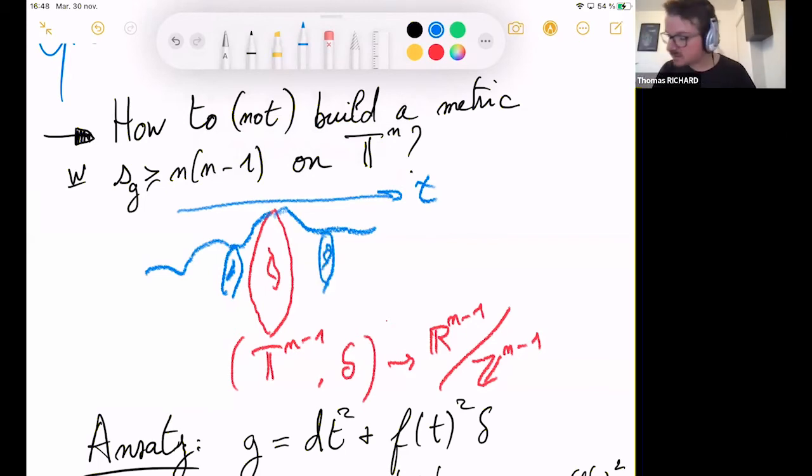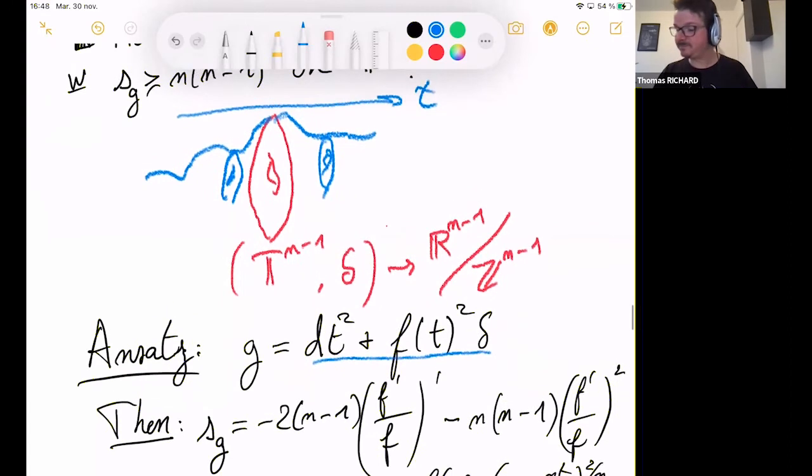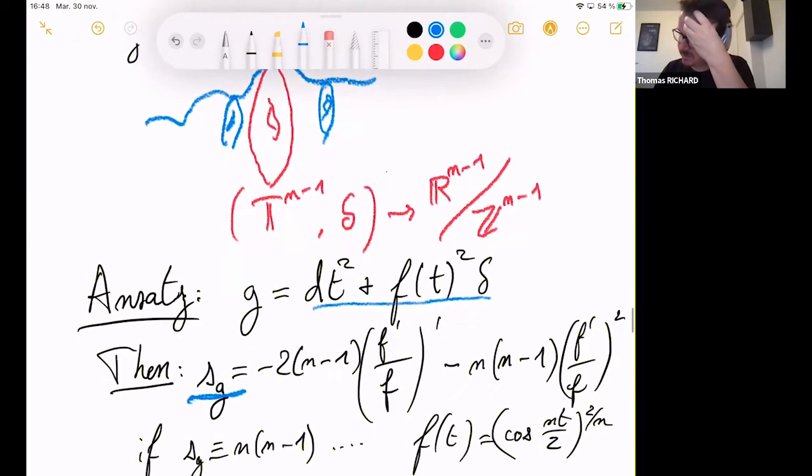Okay, so this will give you a metric of this form, and you can compute its curvature. The scalar curvature then is, so f is just a function of one variable, and it's just some combination of the second derivative, the first derivative, and f itself.